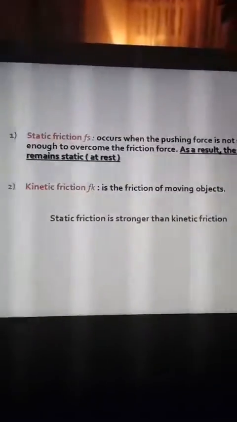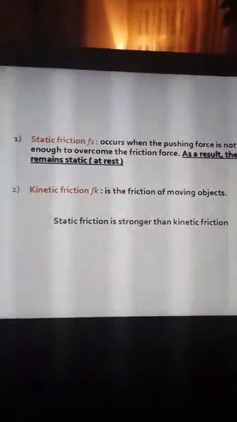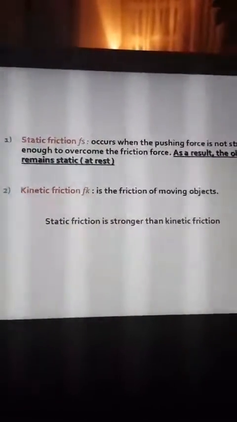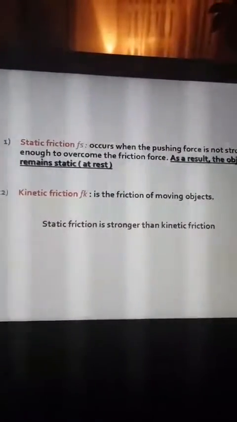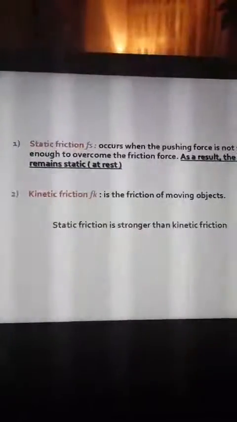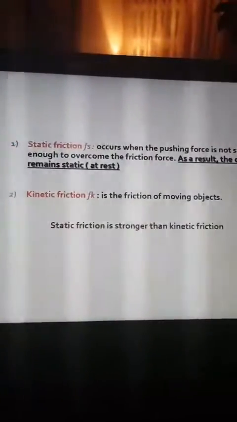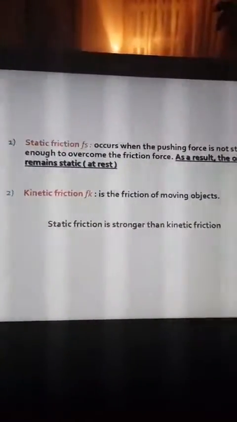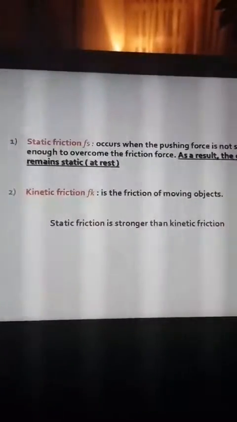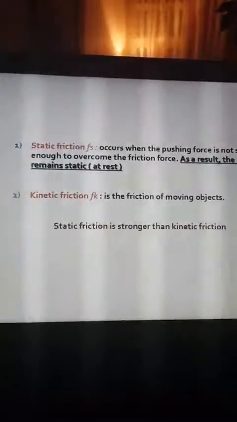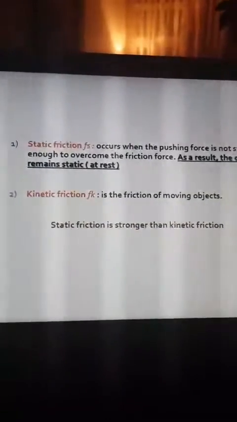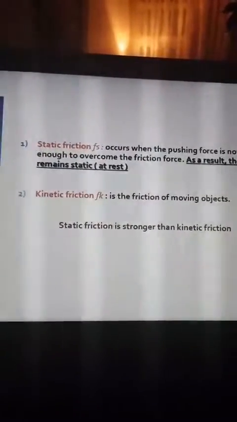Static friction is stronger than kinetic friction. This is a very important note also. For an object at rest, you need a very large force to make it start to move. Once the object starts to move, it's easier to continue pushing this object.